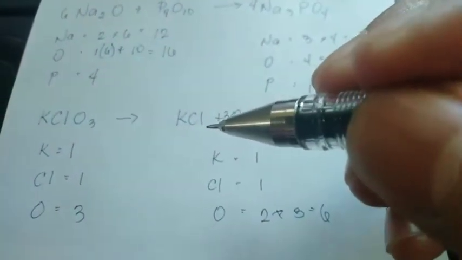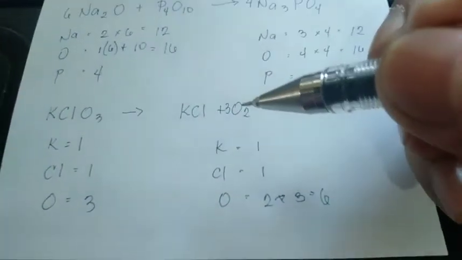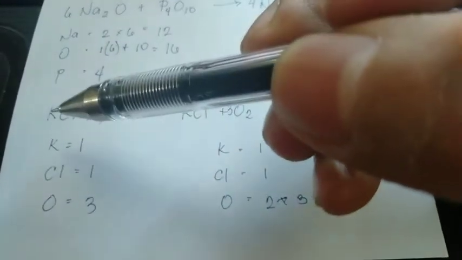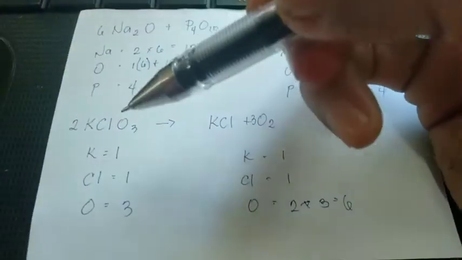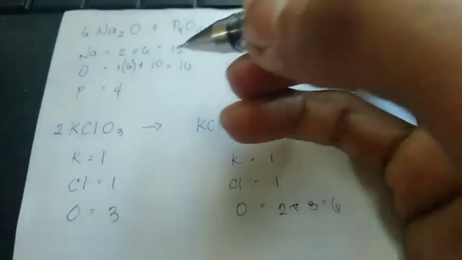And since nag-iisa lang siya, hindi niya maapektuhan yung potassium and chlorine. And then, para mag-match, maging 6 to, maglagay tayo ng 2 dito sa tabi ng reactant natin. So, let me write that. Kaya lang, since this is a compound, maapektuhan niya si potassium, chlorine, and oxygen.